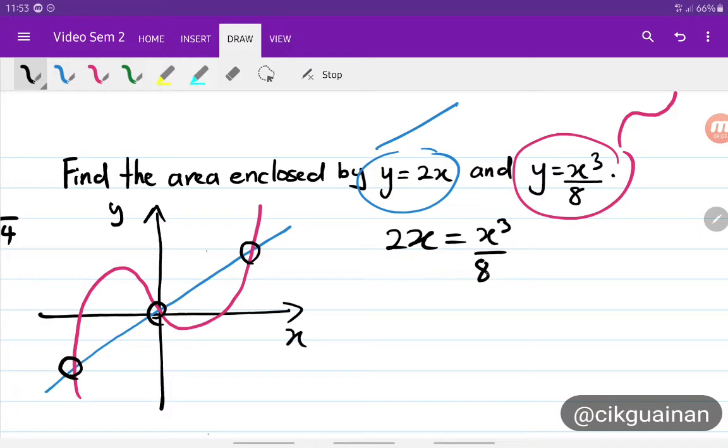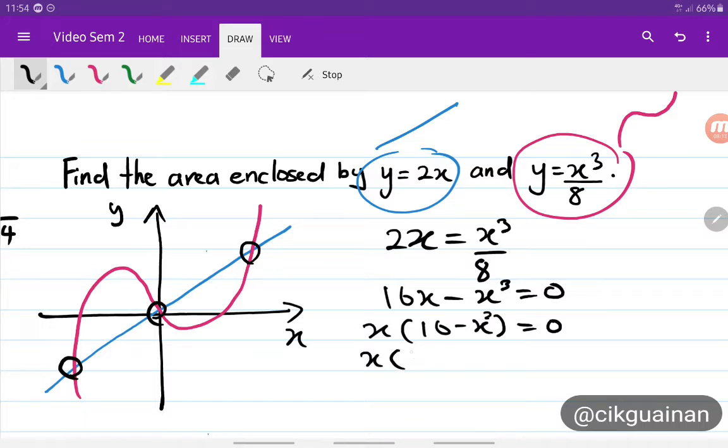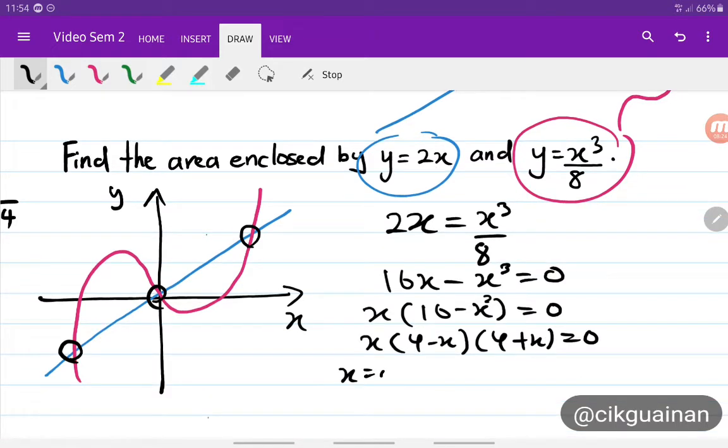Now I want to get rid of that 8, so it becomes 16x minus x cubed equals 0. x outside, 16 minus x squared equals 0. And then x(4 minus x)(4 plus x) equals 0. So x equals 0, x equals 4, x equals minus 4. So we already figured out this is minus 4 and this is 4.